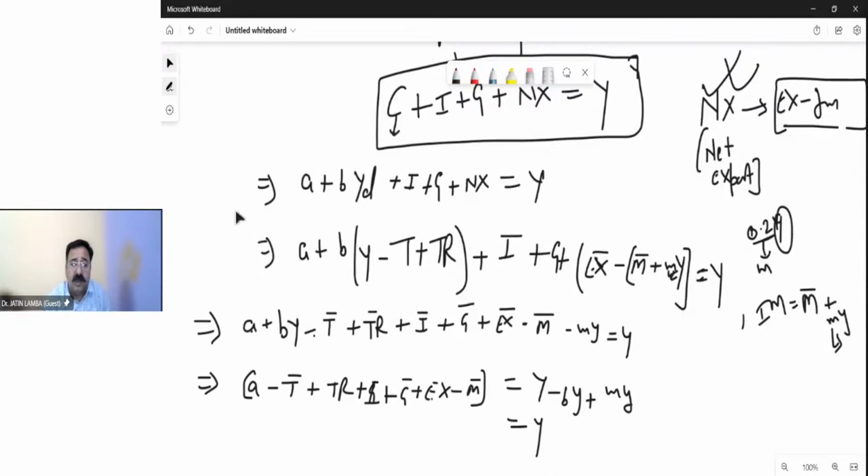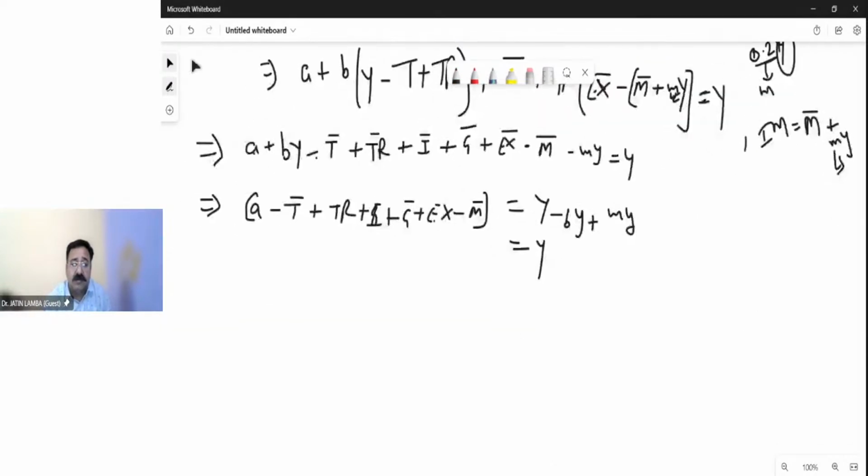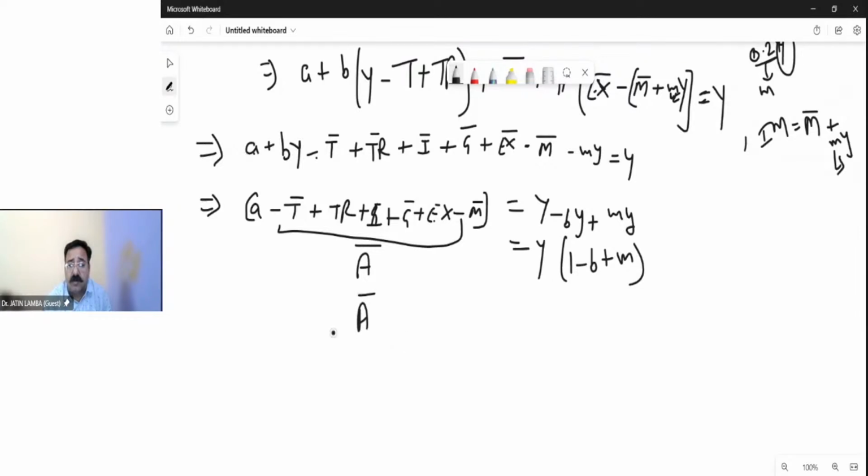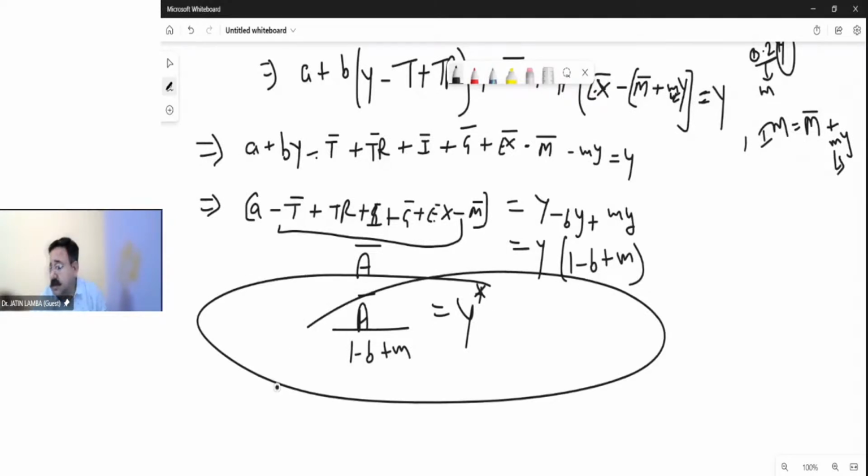So if you take Y as a common factor out, then it will be 1 minus b plus m. Here, take it all as the autonomous component A bar. Then A bar upon 1 minus b plus m, that will be the equilibrium level of income. Is it clear बच्चों?